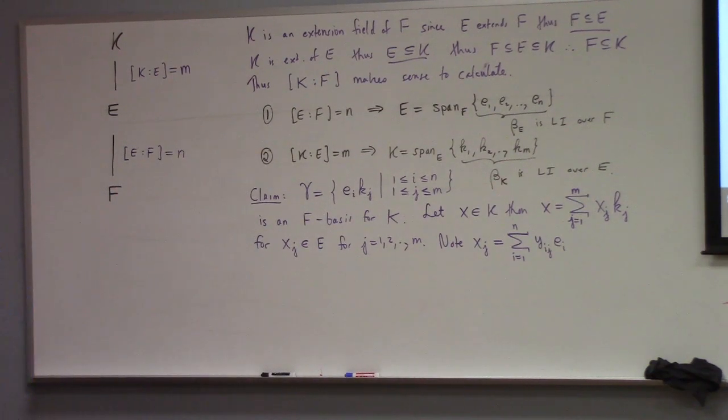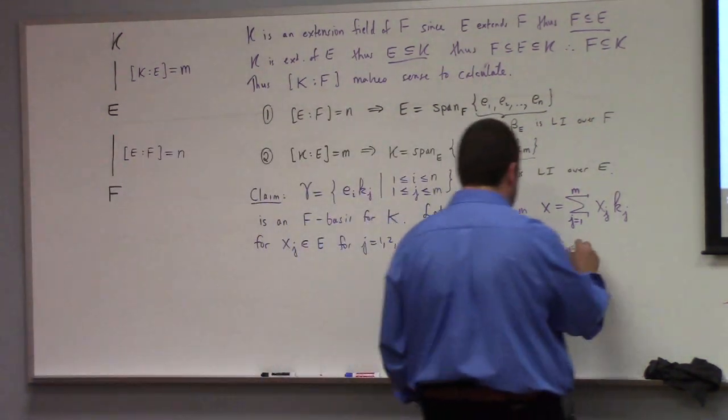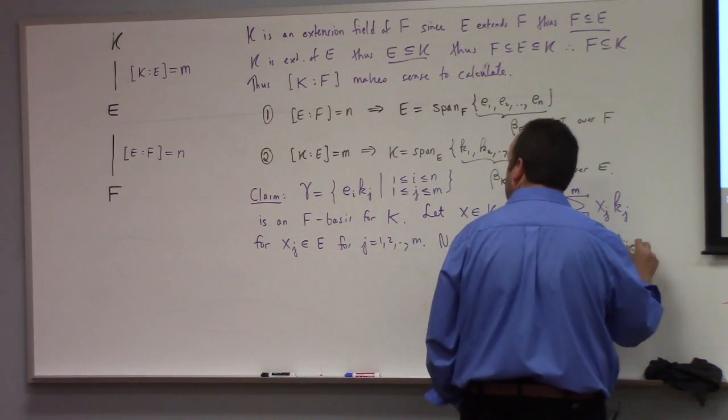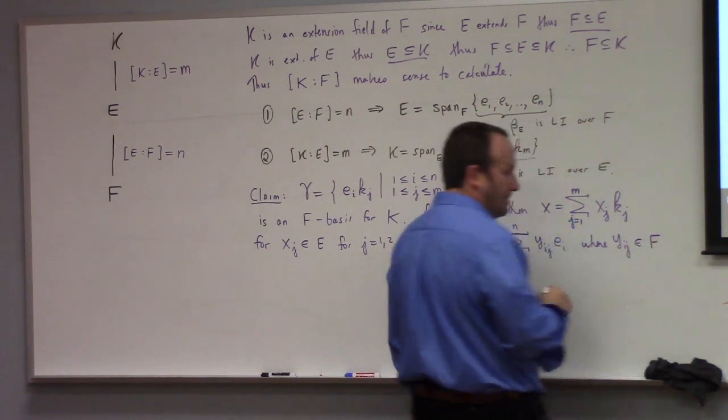Because if x_j is in E, it can be built from a span of the e1 through en, where the coefficients y_ij are in F, right?